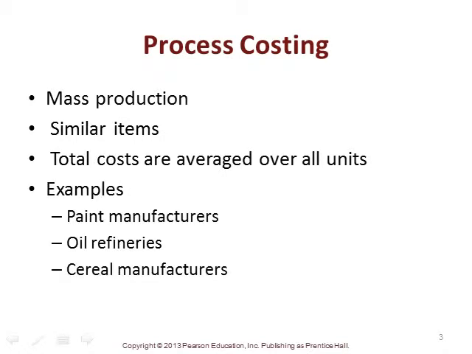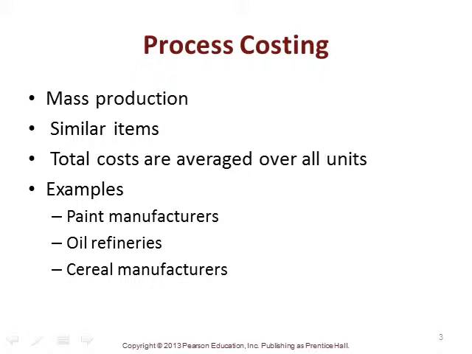Process costing is generally used where you have mass production. We have examples here like paint manufacturers, oil manufacturers, cereal manufacturers. It's where one unit that's produced is the exact same as the last unit. So you don't need to know how much it costs to produce that unit versus the prior unit versus the previous unit before that.